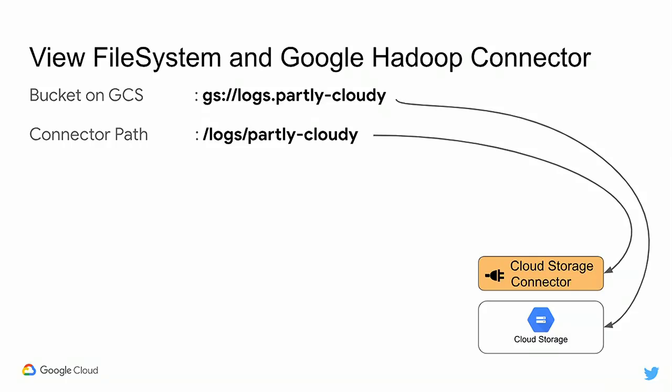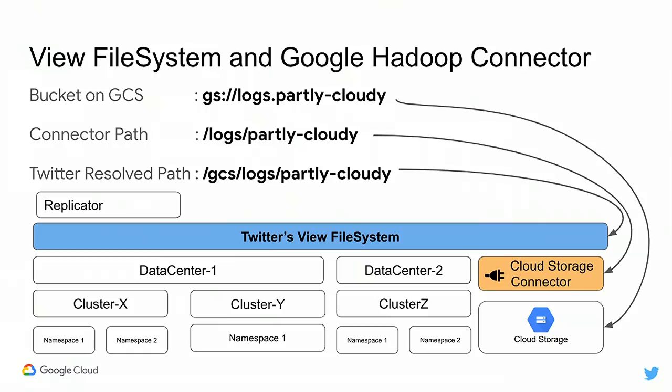All the Hadoop commands and the jobs which you run will run as is. We plugged this into our view file system as a mount point. So any path in Twitter which refers to /GCS will automatically translate to buckets on GCS using the Google Cloud Storage Connector, right?